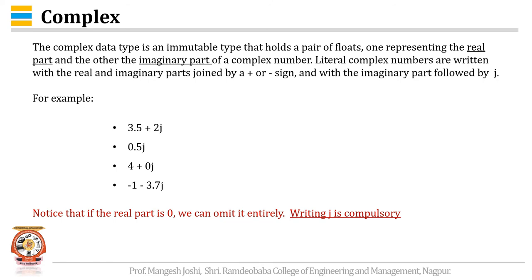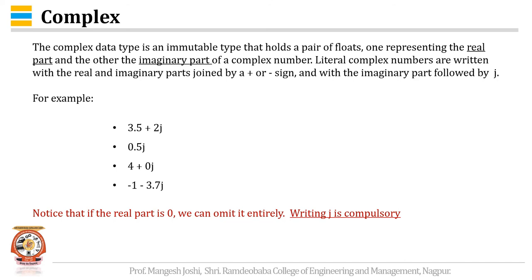Always remember that this j is important and you cannot use any other letter than j in Python. If you observe the second example, it is only written 0.5j. This means the real part is not always necessary; if it is 0, you can skip it and only write 0.5j.